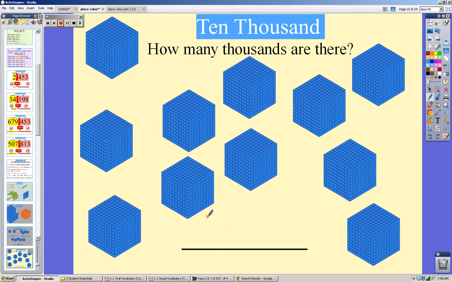Let's see if you guys can do this. 1, 1, comma, 0, 0, 0. Does that show 11,000? I have how many in the ones place? I don't see any ones up here. I don't see any tens up here. I don't see any hundreds. But I do see some thousands. I have 11,000.